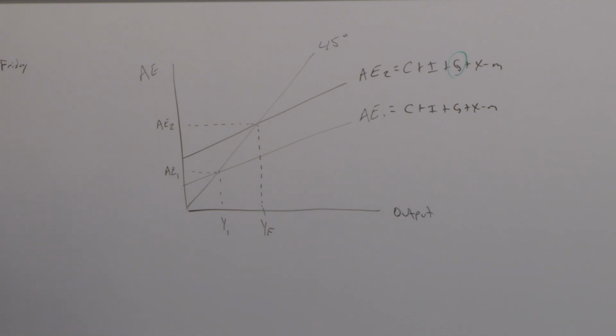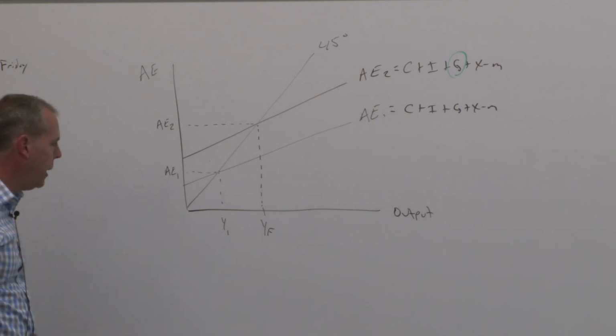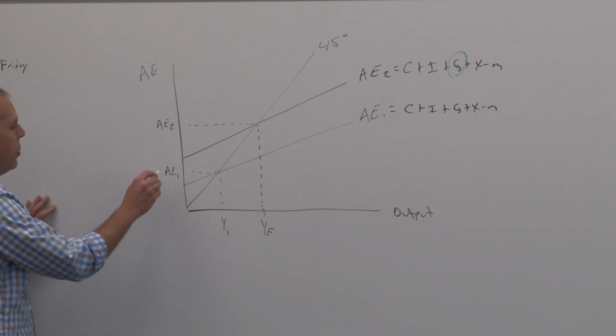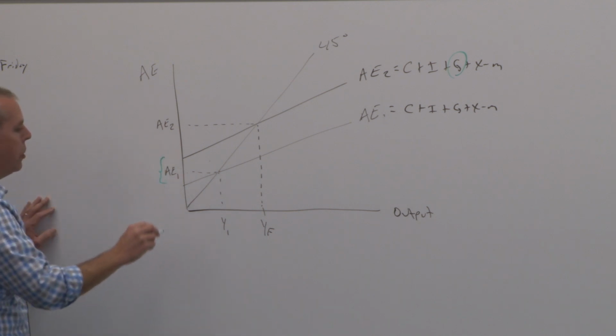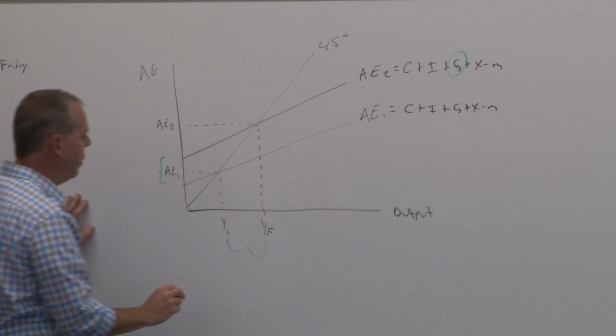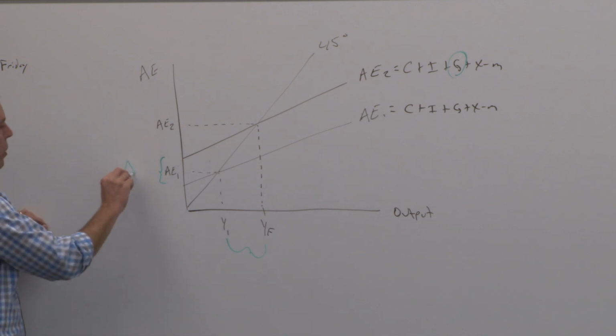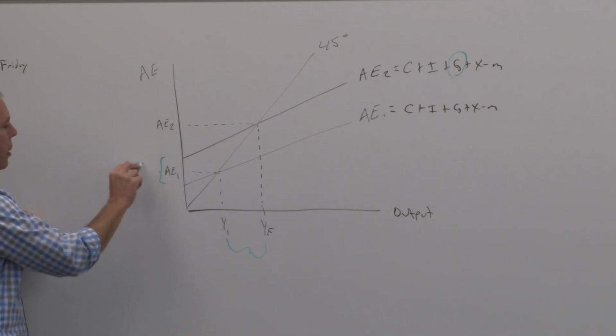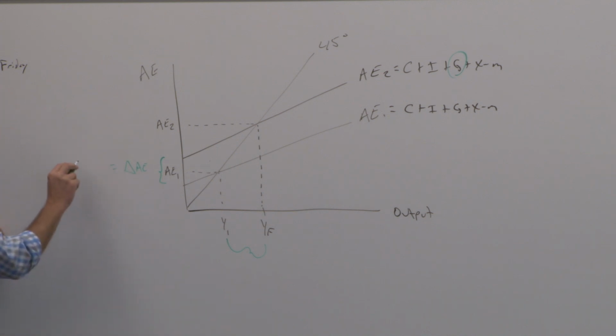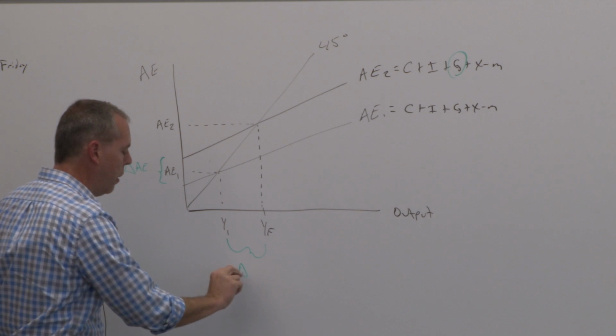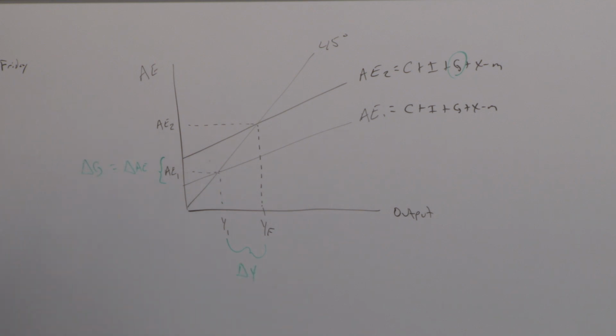So the interesting thing here, though, is that you don't actually need a large increase here. This guy right here is smaller. So here's our change in, say, aggregate expenditures, and we're going to say that this is a change in G. And here is our change in income.